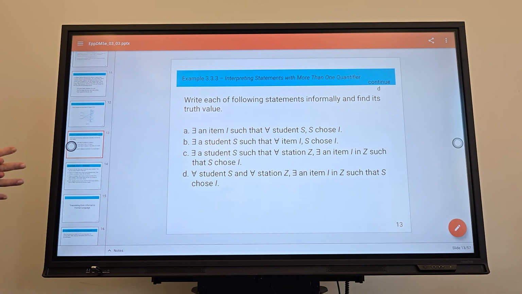In this case, it's false because Yuan did not choose a salad.